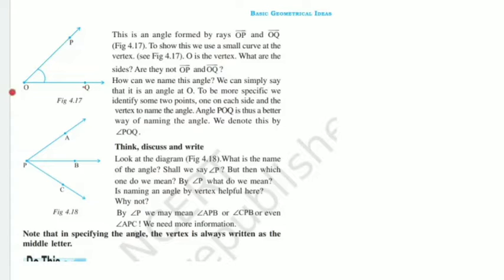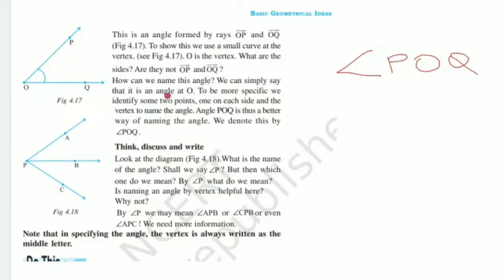It can also be QOP. Angles are formed by rays, so we just draw two rays, one common point. So this is the angle. To name this angle, we write it as angle POQ. This is how we read it.